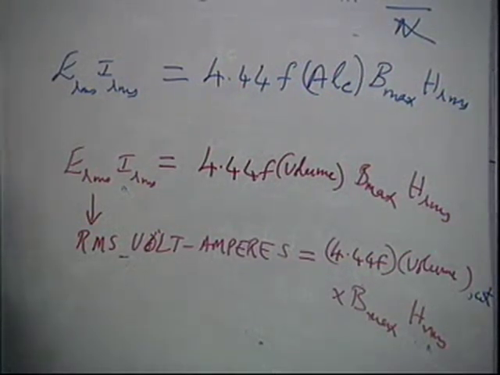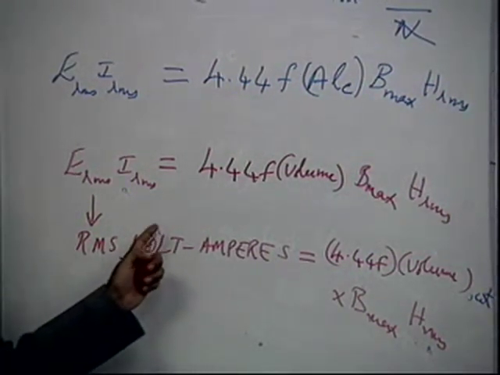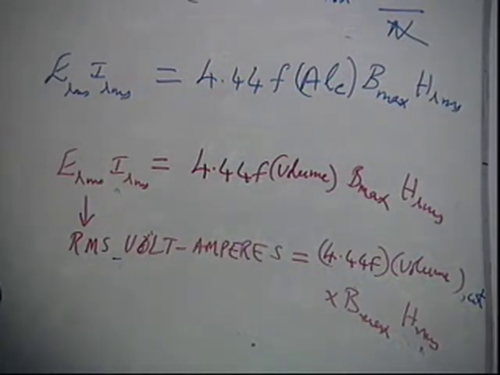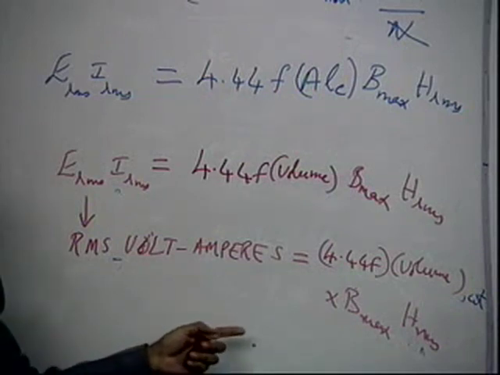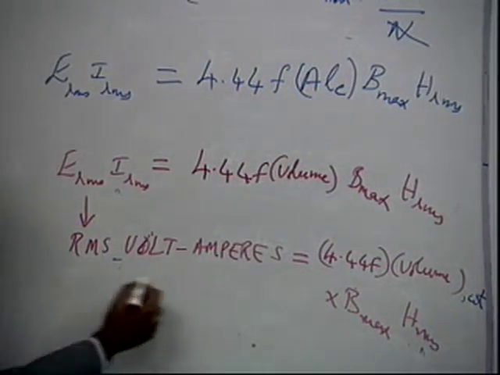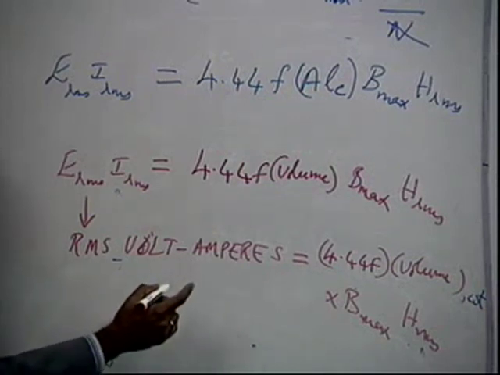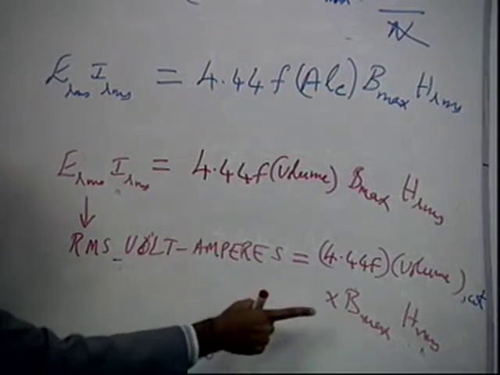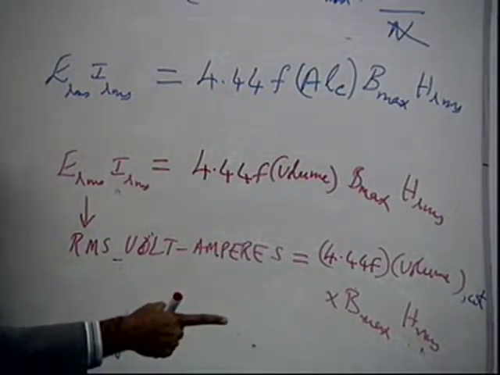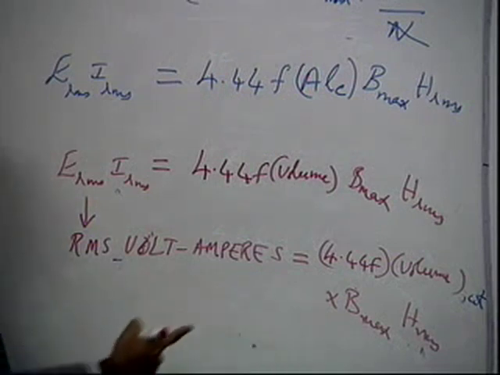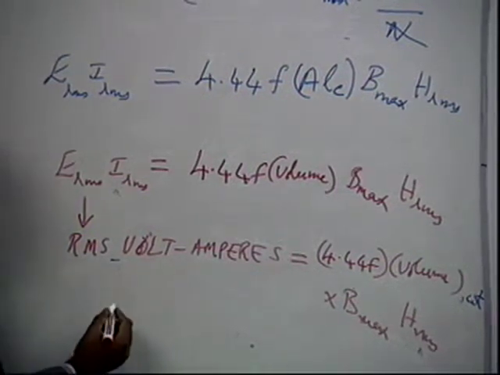Now, per unit volume, you can find out the RMS volt amperes for different operating B. So these curves per unit volume for the material are specified, that means as a function of B and H. For the operating B, you can find out the RMS volt amperes per unit volume.